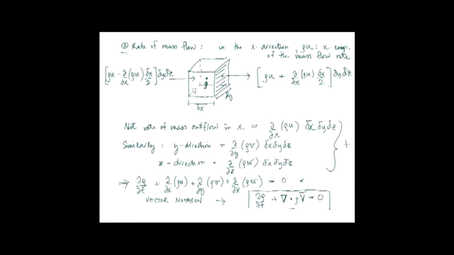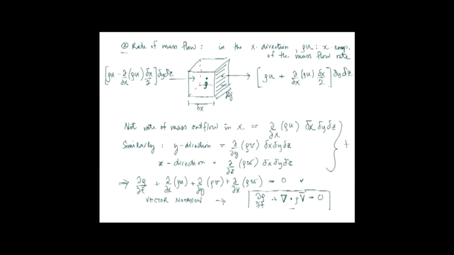So we'll have the net rate of mass flow at the left face as rho u minus the rate at which the density is changing in direction x into this distance delta x by 2 into the area of the control surface, that is delta y, delta z.